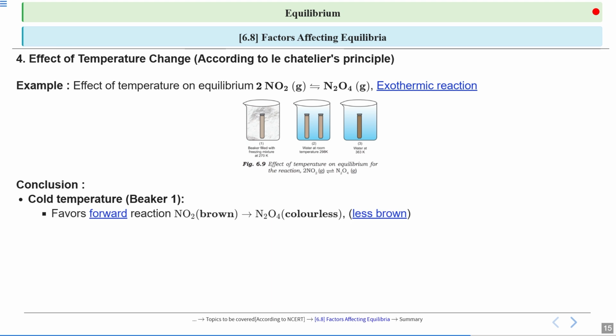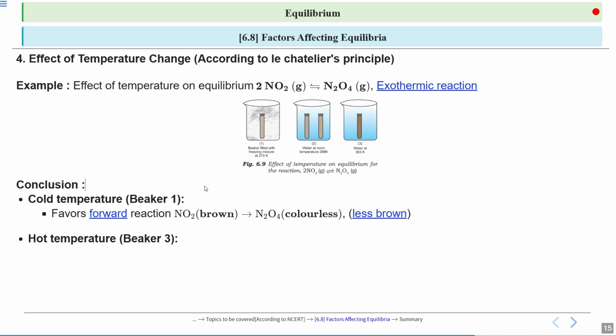As a result, your test tube will slowly turn from brown to colorless, because whenever you decrease temperature in an exothermic process, the reaction proceeds in the forward direction, so that the lost heat can be restored by moving in the forward direction, because it is exothermic in the forward. You can clearly notice that it is not completely colorless now, but it is less brown as compared to the previous situation. Okay, so this is the first condition of beaker number 1.